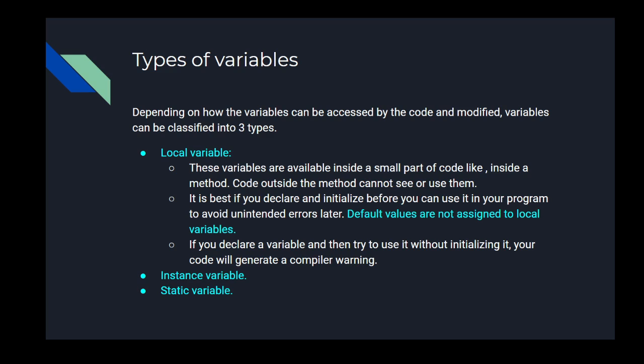Default values are not assigned to local variables. If you declare a variable and then try to use it without initializing it, your code will generate a compiler error, which shows that your variable is not working. There are 2 more, the instance and the static variable, which we will discuss in other videos.